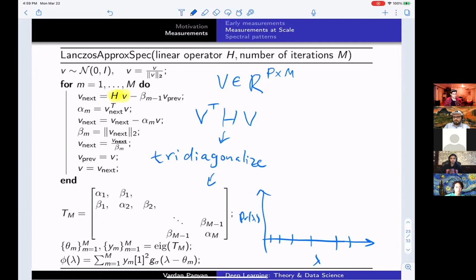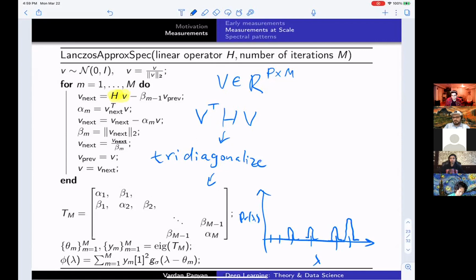What you do is you create a Gaussian bump at each one of the locations of these eigenvalues. A Gaussian bump means a small bump centered at one of the eigenvalues of the tri-diagonal matrix.